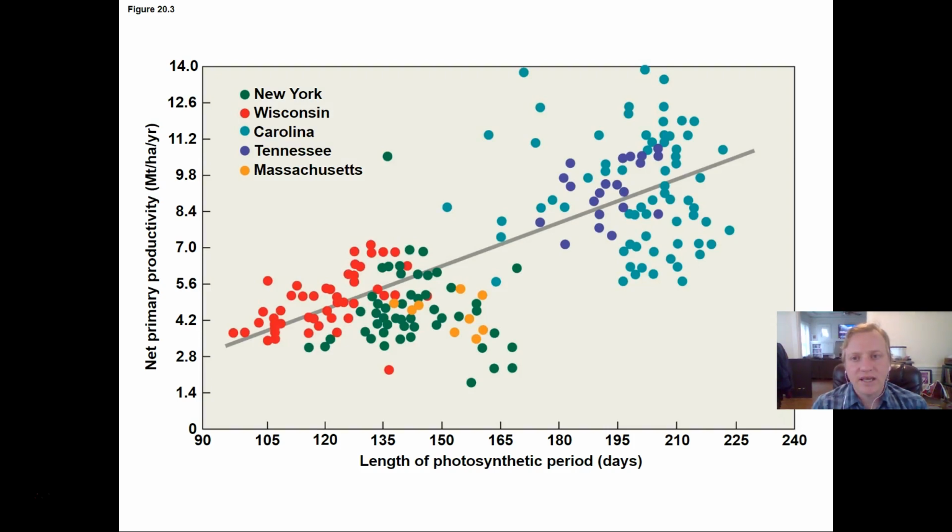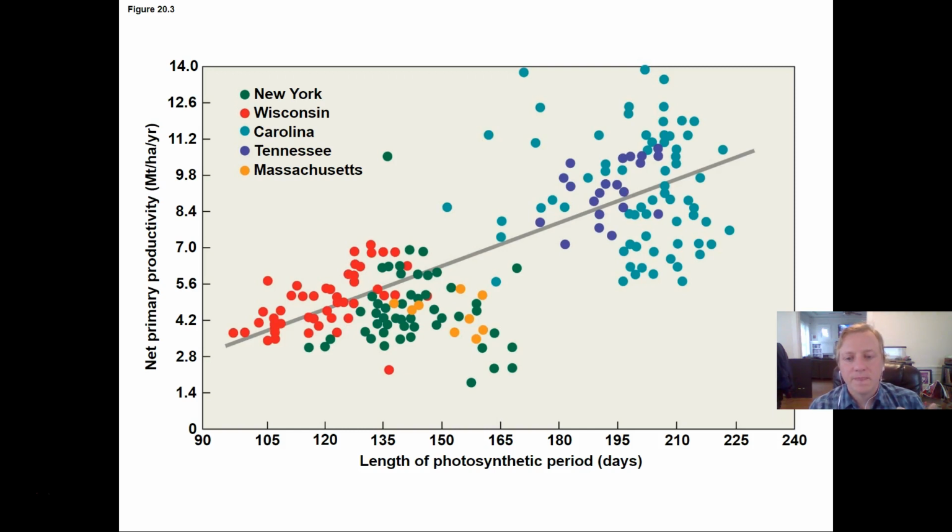And here is a little map, not a map, this is a graph that shows different regions that have different numbers of photosynthetic periods related to net primary productivity. The reason there's lots of variation within this graph is that it can get too hot in certain regions for photosynthesis to functionally happen.